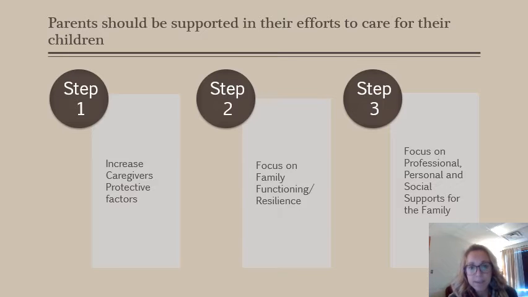The second step is we must focus on the family functioning and resilience. The third step is focus on the professional, personal, and social supports for the family. These 3 things are key in order for us to support their efforts to care for their children while remaining at home.